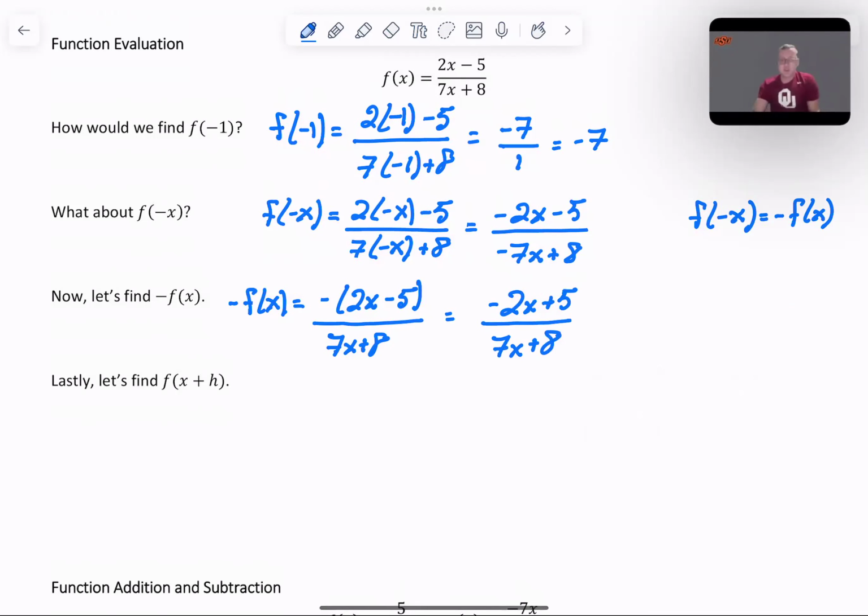And are these two equal? Are those two equal? What do you think? Anyone have any ideas? So in that case, no, they're not equal. So the function is actually neither odd nor even.